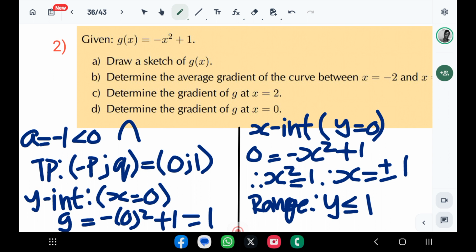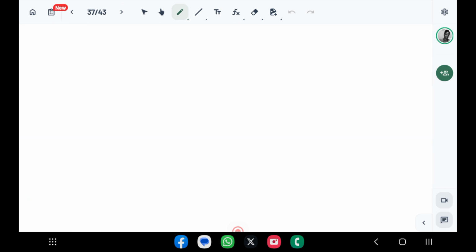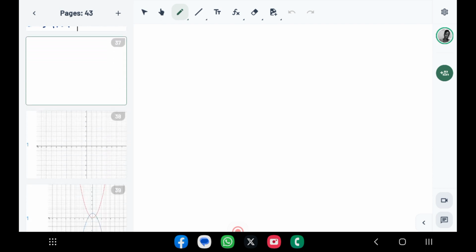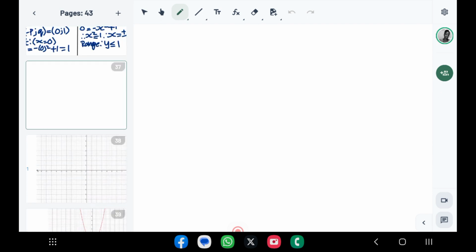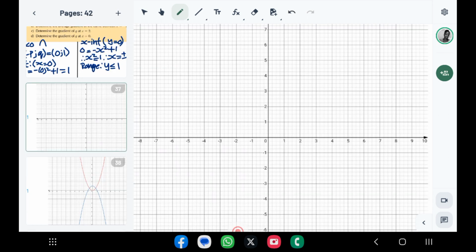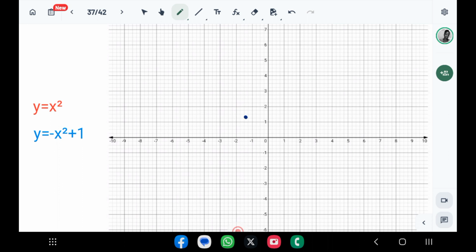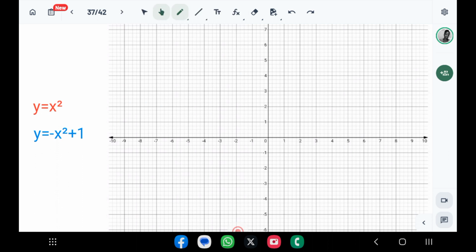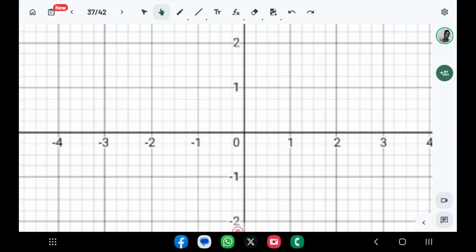Now let's draw the graph. When we draw the graph, let's draw the graph of y equals x squared first. You don't have to do this. I'm doing this so that you can see how it compares with the new one.